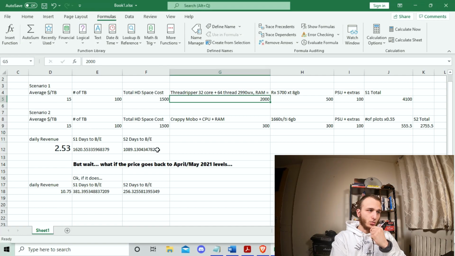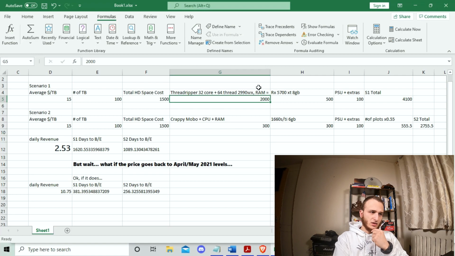But a really, really powerful CPU, perhaps one of the most powerful on the market, is the Threadripper 2990WX. I probably butchered that, and you guys probably know the right way to say the brand, but it's from AMD. It's the 32 core, and it's got 64 threads.